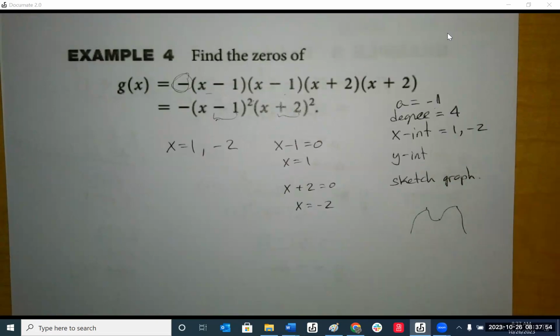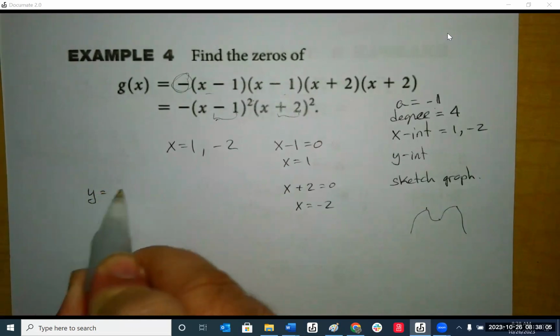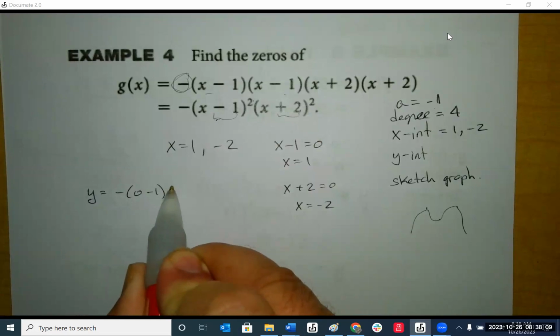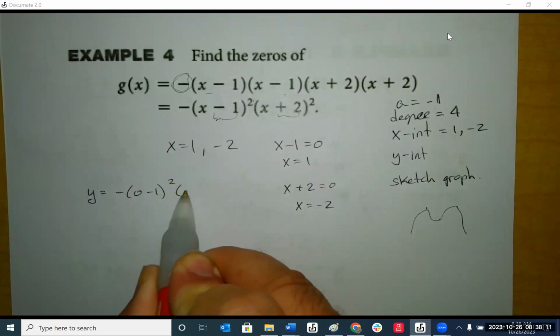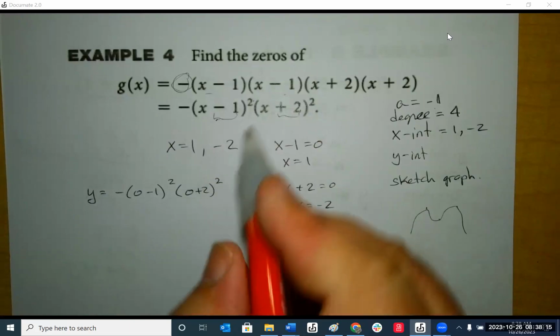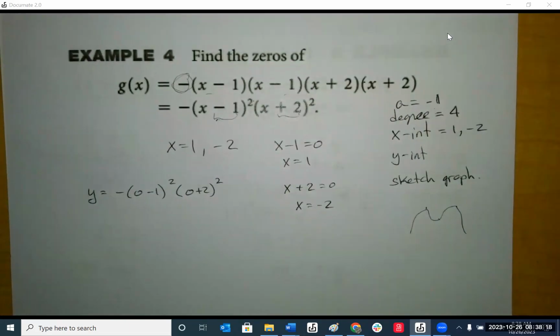And our y-intercept is where? Not the equation, the x's. We're solving for the y-intercept. So we have the negative, 0 minus 1 squared, 0 plus 2 squared. You can use either one of these if you want. Doesn't matter.